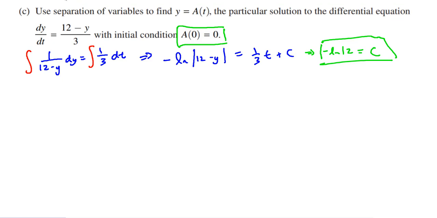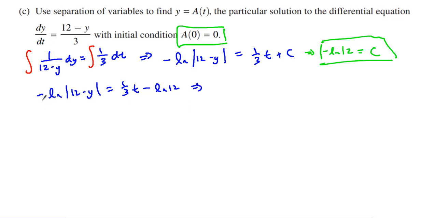Now I come back to this problem: negative natural log of 12 minus y equals 1/3 t plus C. What was C? Negative natural log of 12. That is where we're at so far.